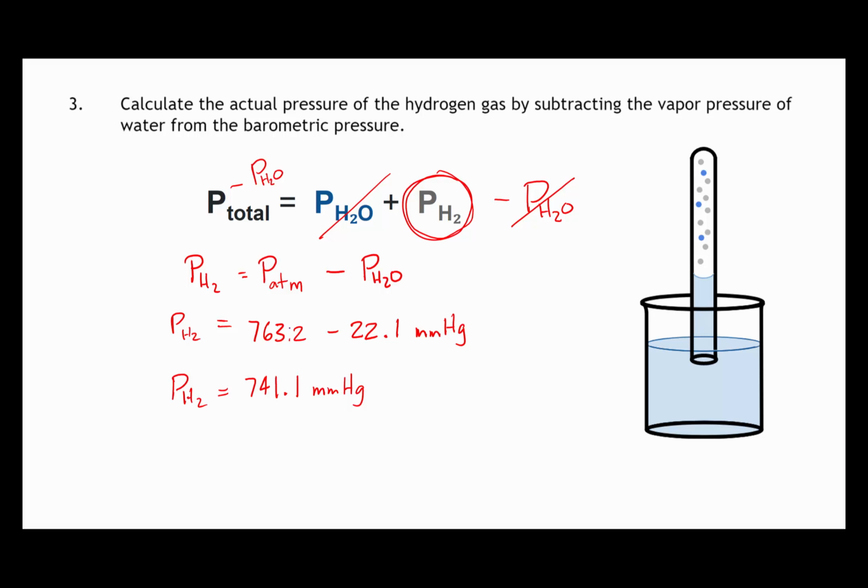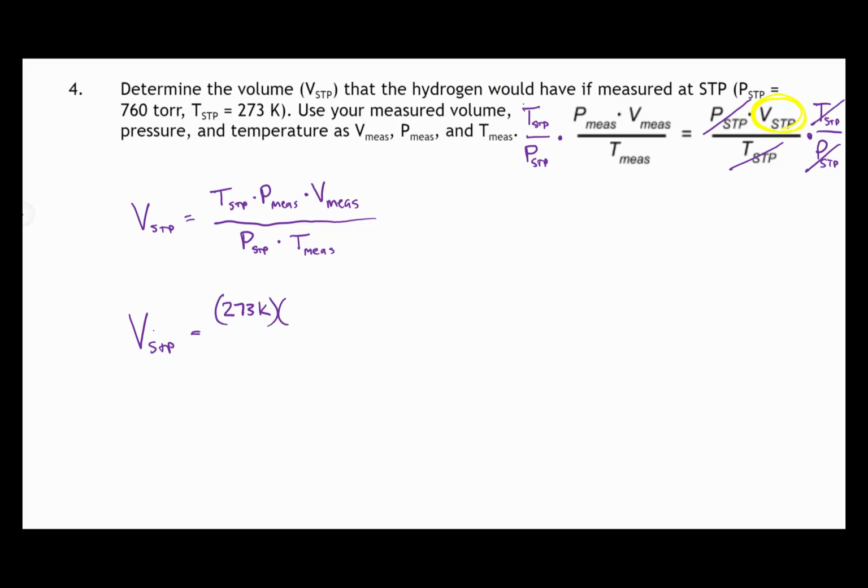And we did a little calculation in calculation 3 to find the pressure of the hydrogen gas without the water vapor added. And we got 741.1 millimeters of mercury. Again, you're using your own numbers as you're doing the calculation, but my numbers look like this.